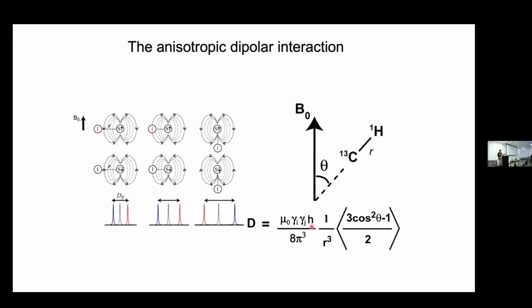If you have 100% alignment, you get 24 kilohertz. To get 24 hertz, you need 0.1%. On average, of course, there isn't one molecule that's aligned and everybody else isn't, but the distribution of orientations is such that, roughly speaking, it's one molecule in 1,000.